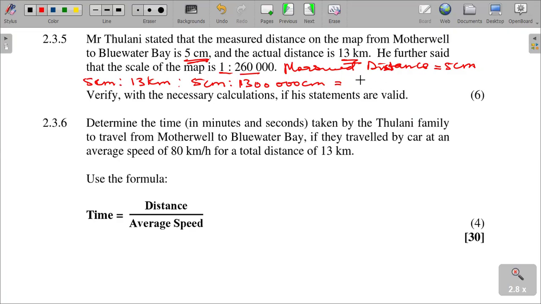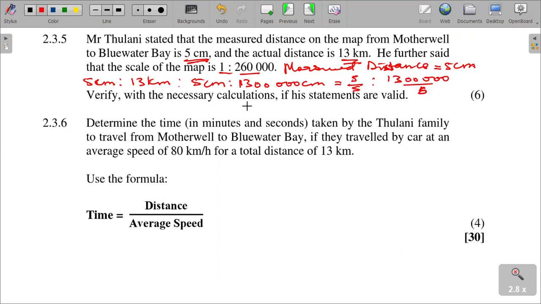So we are saying 5 centimeters over the converted distance, 1 to the ratio.